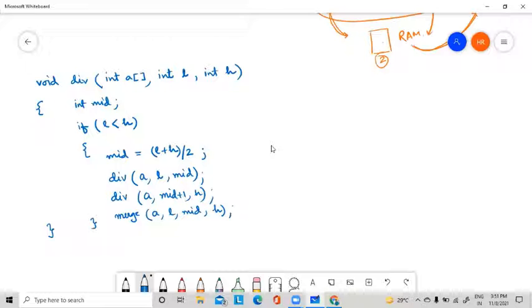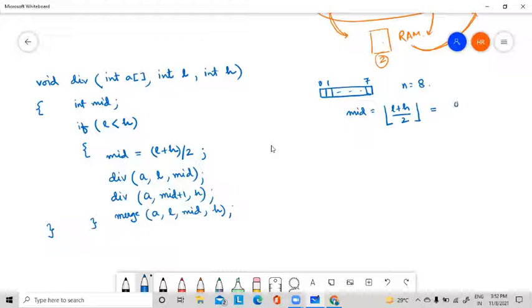Suppose the indices are from 0 to 7, so the number of elements is 8. What is the mid value? Mid is (L plus H) by 2, and I will take the floor value, which means integer division.